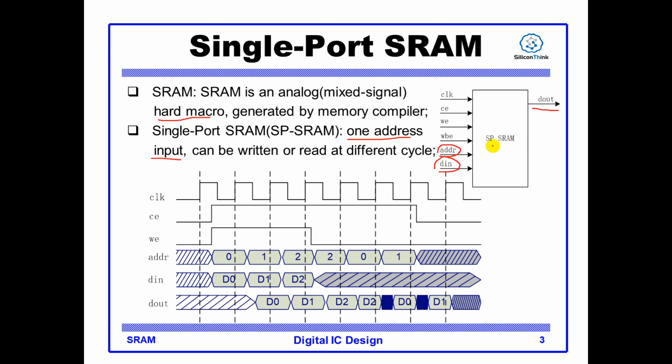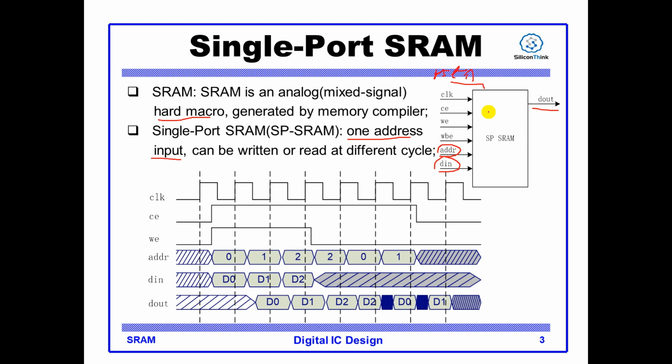At power up, the value in SRAM is unknown. That is, every address of SRAM has a value, but a random value. You can't predict what the value is, and usually there is a low reset pin for the SRAM macro.